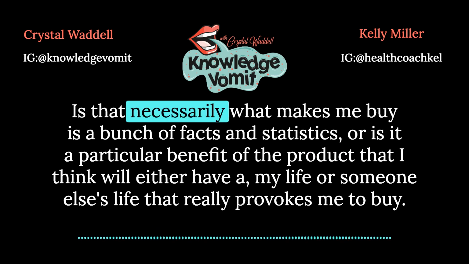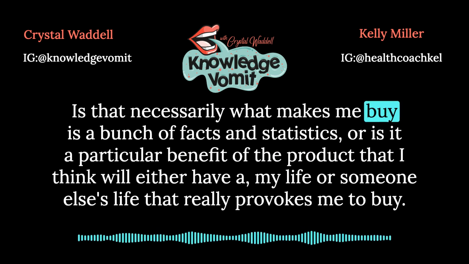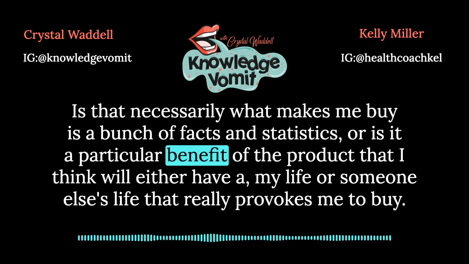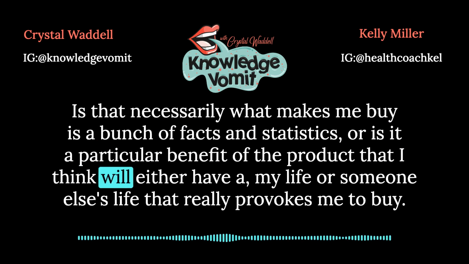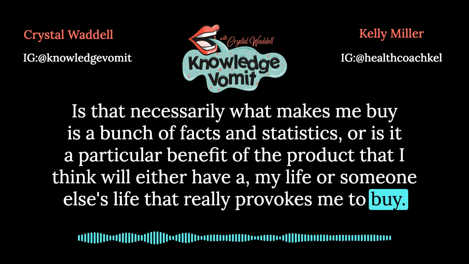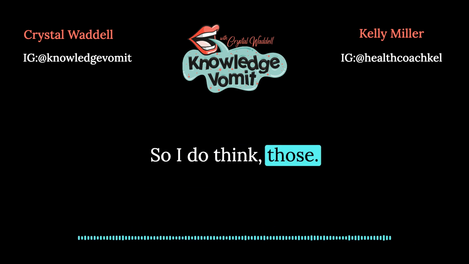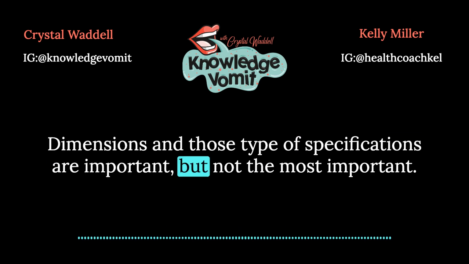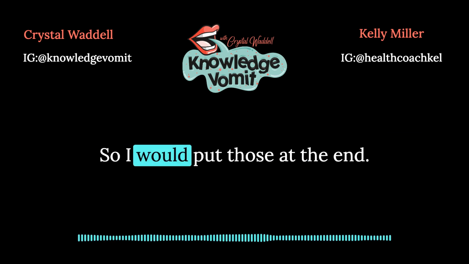Is it necessarily a bunch of facts and statistics that makes me buy, or is it a particular benefit of the product that I think will have on my life or someone else's life that really provokes me to buy? So I do think those dimensions and those types of specifications are important, but not the most important. So I would put those at the end.